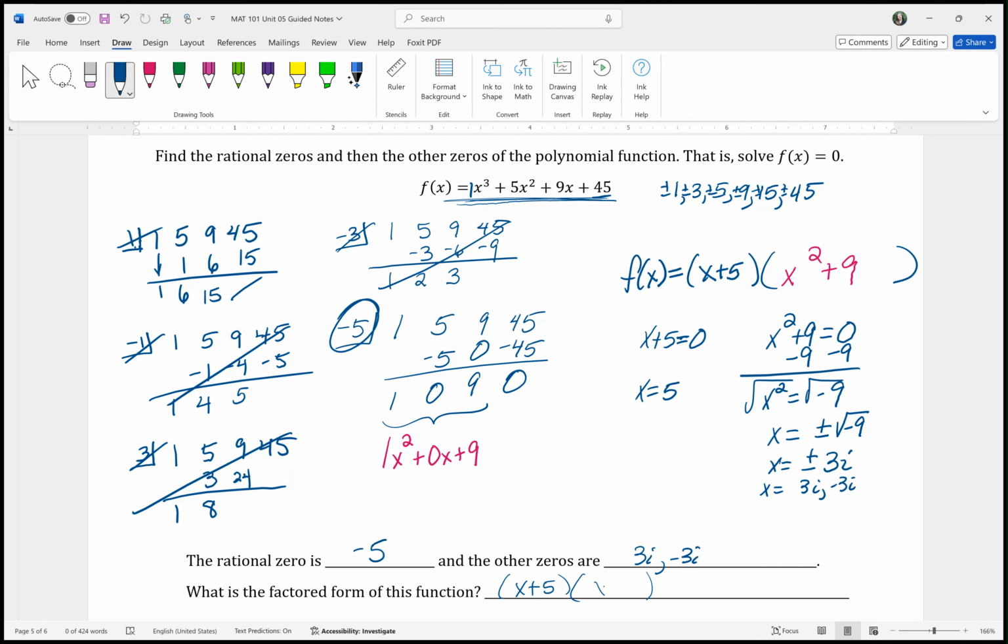You would write x minus 3. It's the same thing, you're just putting an i with it. Okay, same thing here. If you just had negative 3, your factor would be x plus 3, but you need the i with it. And that becomes our factored form. x plus 5, x minus 3i, x plus 3i. Okay?